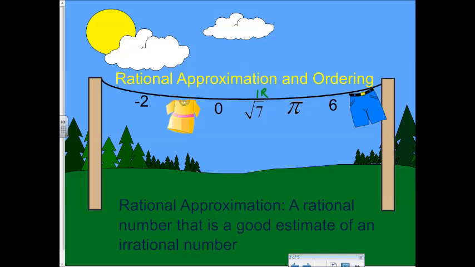But we know how to check in our calculator to find out that the square root of 7 is about 2.65. This is the rational approximation for square root of 7. Today we're going to look at how to use those rational approximations to order numbers.